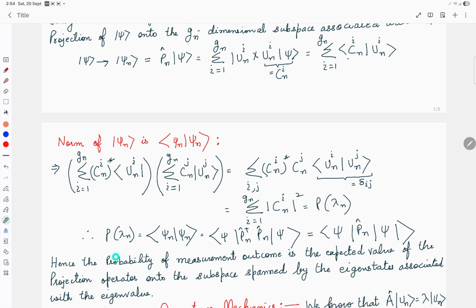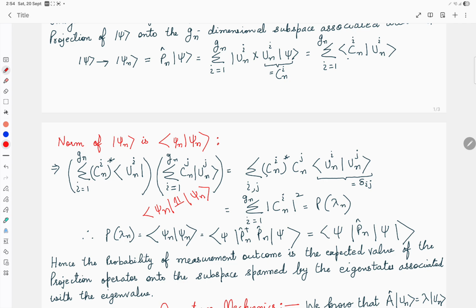If we look into the norm equation again, the probability is given by the inner product of psi n with itself. Then we can obtain the equation like this with a little manipulation. What you have to assume is this is bra psi n, and let us assume an identity here and ket psi n. Since identity has no effect on either the bra part or the ket part, we can introduce an identity in between.